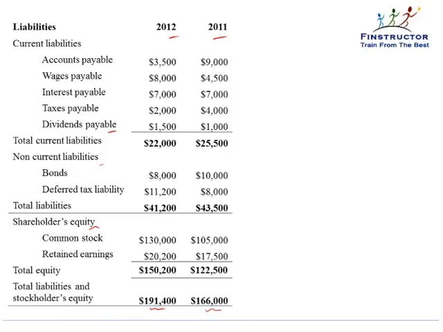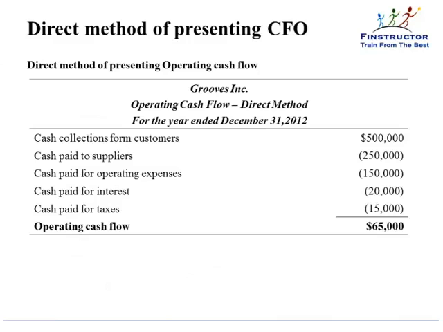So let's try to derive the cash flow from operations using the direct method. Please recall, the direct method presentation looks straightforward, something like the cash collected from customers and the cash paid to the individual suppliers for operating expenses, interest, taxes, and the difference of the two giving me the operating cash flow.